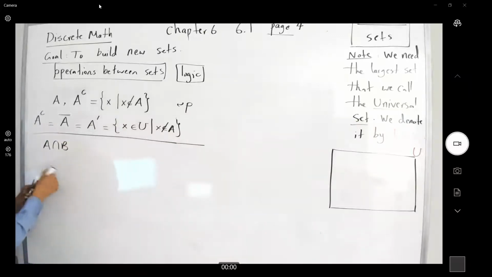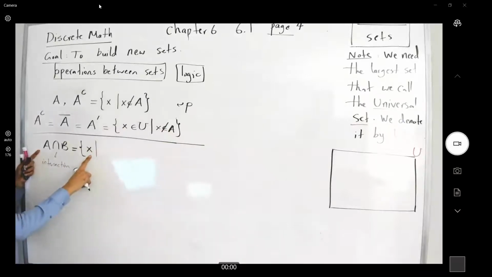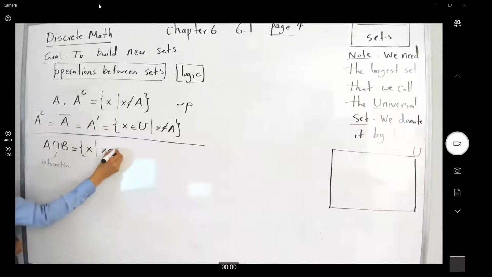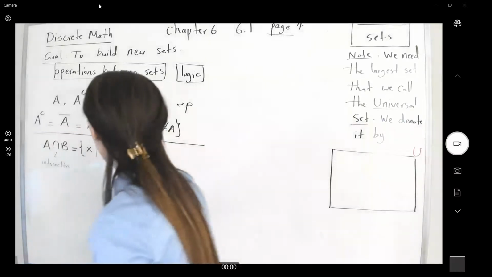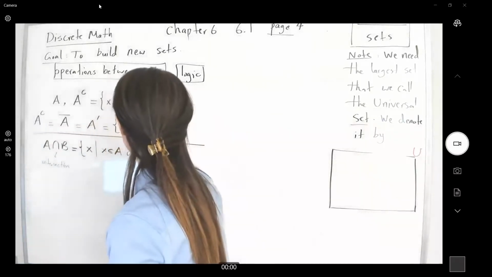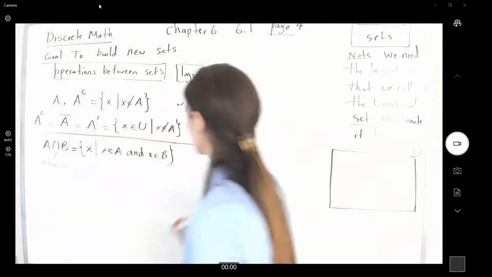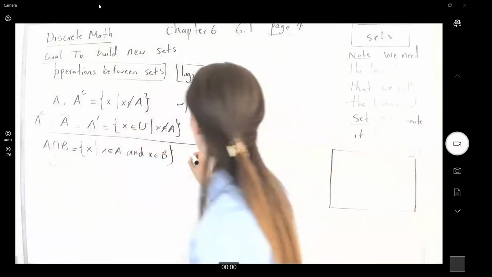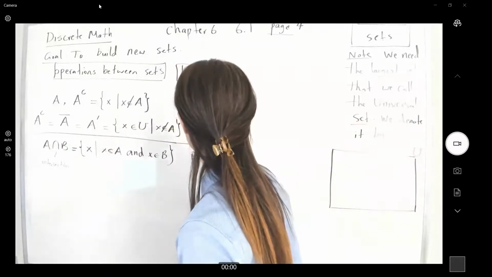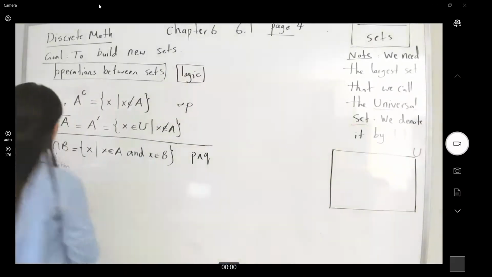The intersection is the set of all elements X such that X belongs to A and X belongs to B. X is in A and X is in B. The logical equivalent is P and Q. This is the intersection.